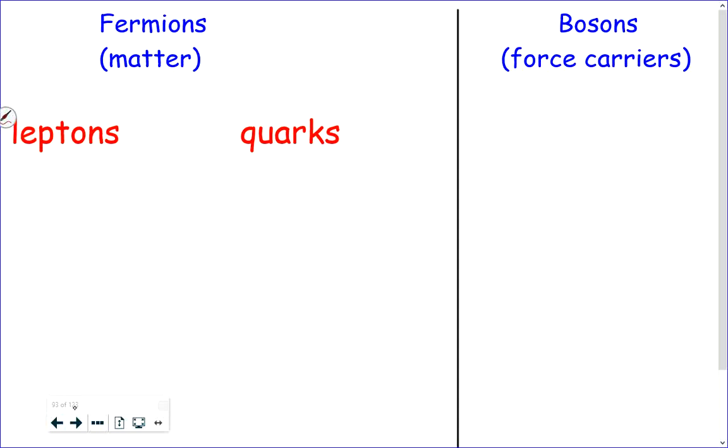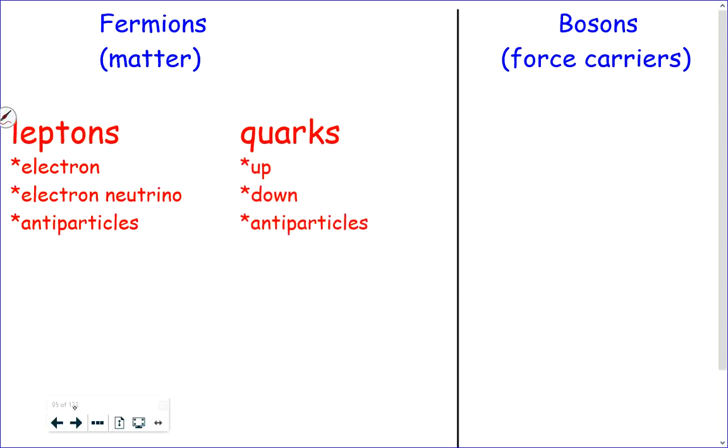The Standard Model of Matter talks about bosons, which explain force, and fermions, which explain matter. Fermions are either leptons or quarks. The leptons you need to be familiar with are the electron, neutrino, and their antiparticles. The quarks that you need to be familiar with are the up and down quarks and their antiparticles. And when I say familiar with, you have the information on your data sheet.